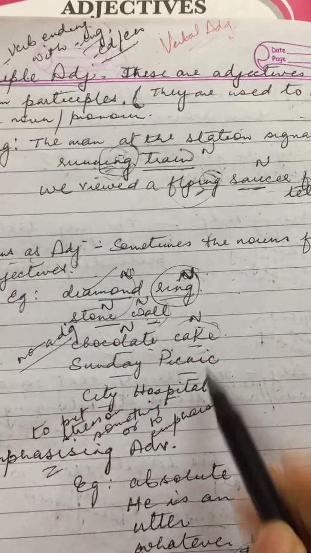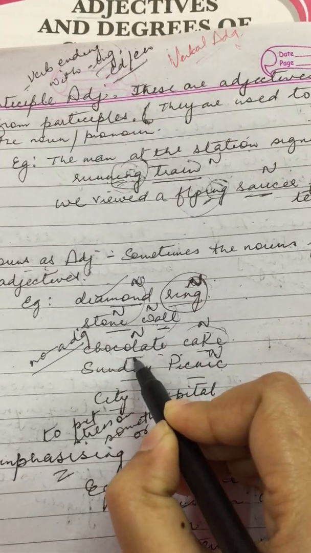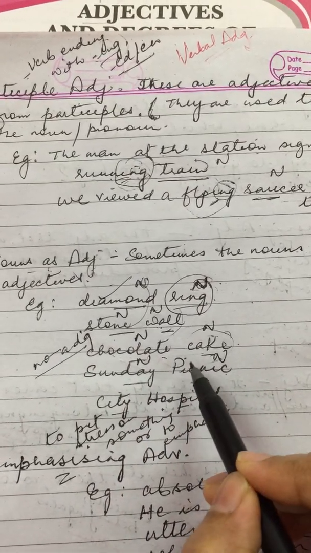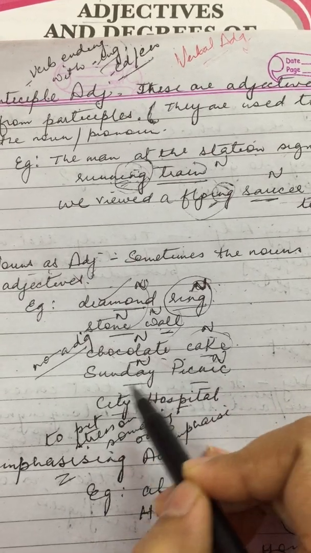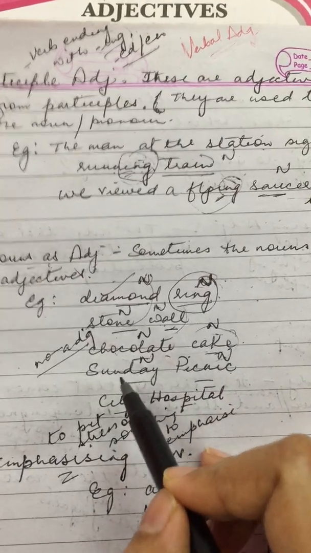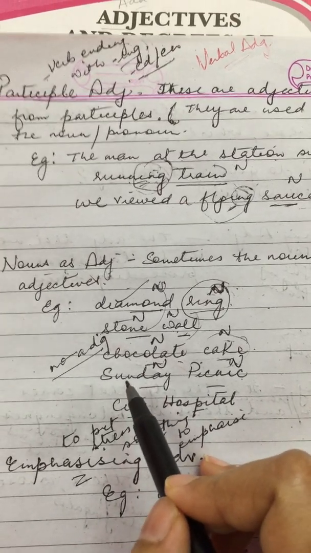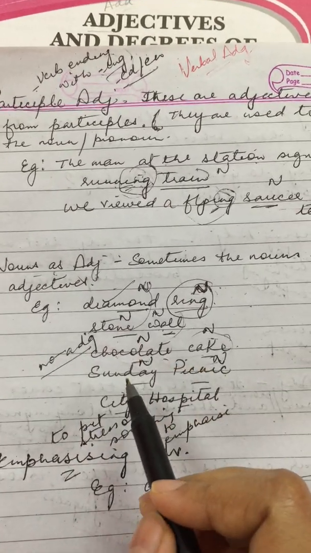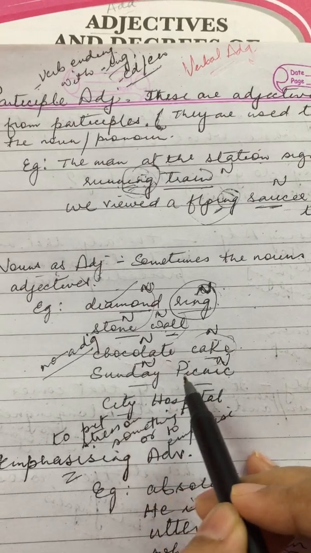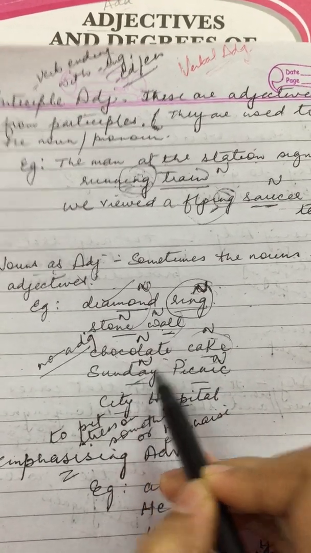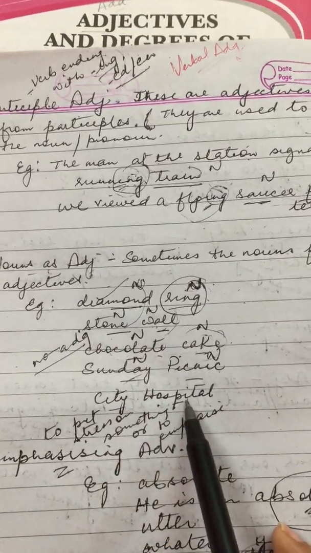Next is Sunday picnic. Picnic is a noun and Sunday is also a noun. When was the picnic organized? It was organized on a particular day, Sunday. So Sunday acts as an adjective here because it is modifying the picnic. On which day was the picnic organized? On Sunday. City hospital.